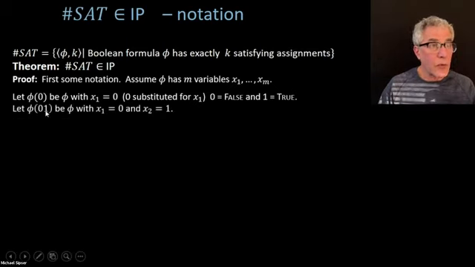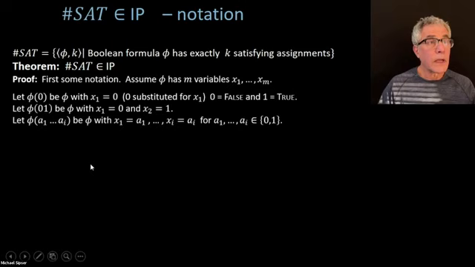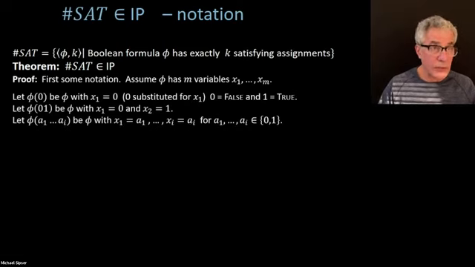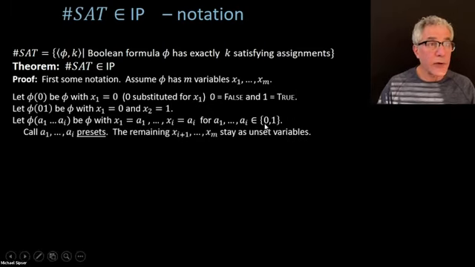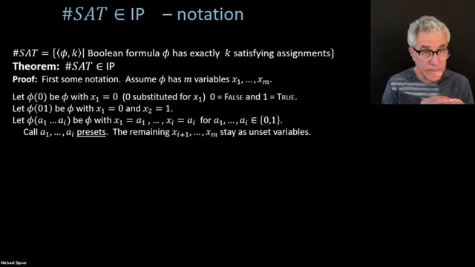If I write phi(0, 1), that means I've preset the first 2 variables to 0 and 1. If I write phi with a bunch of preset values, I'm just setting the first i variables, x1 to xi, to some values, and leaving the other variables unset. So I'm calling the ones that I'm nailing in there the presets.